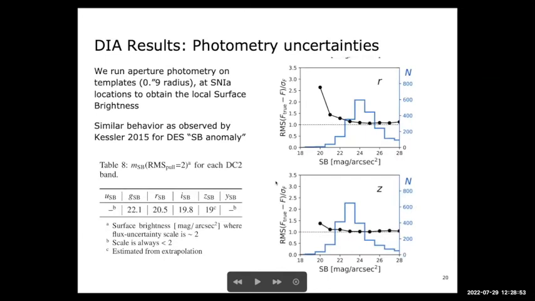Finally, there's another interesting thing that we can do with all these fluxes and values: we can check the RMS in our flux pull distribution as a function of the surface brightness of the host galaxy. In these plots on the right, I'm showing you the distribution of the local surface brightness of the host, and then the scatter in our pulls.